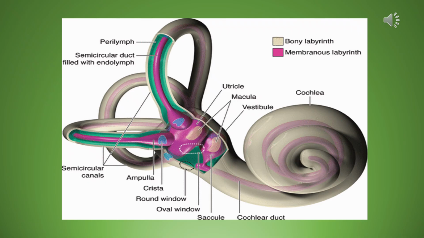The receptors located in the ampulla of each semicircular duct are called the crista. They also are little hair cells which have little cilia. The cilia are bent by the moving of fluid inside the ampulla so that we have an awareness of rotational motion. All right, so that's what happens in the vestibule and in the semicircular ducts.